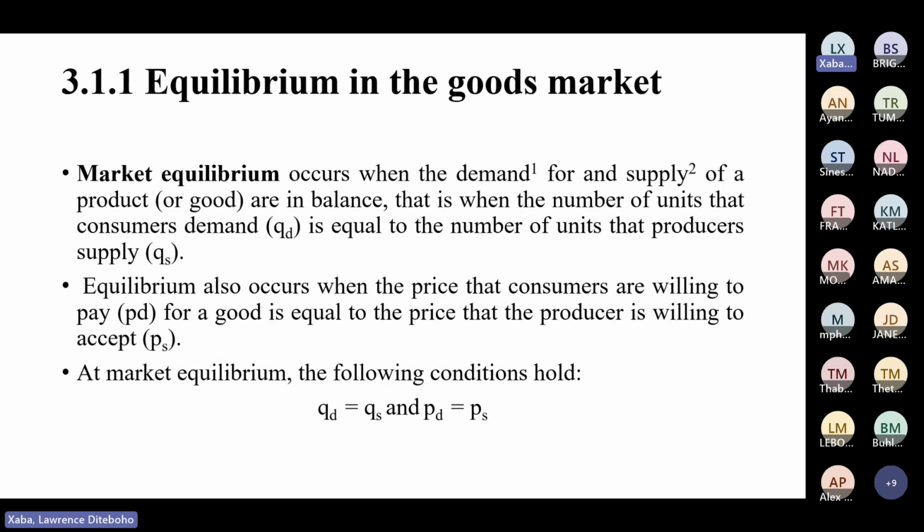From the demand side, we also have the same condition that applies in terms of price equilibrium, where we say the price that consumers are willing to pay must be balanced with the price that the producer is willing to accept. So we're going to take an example.